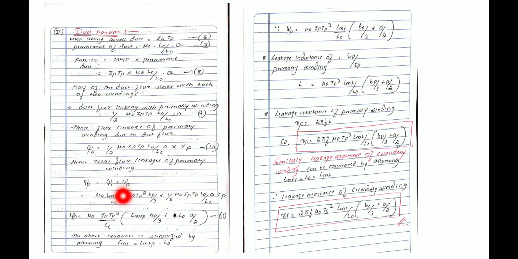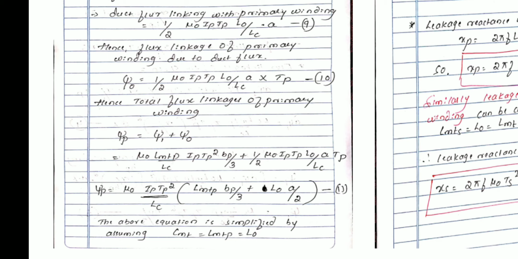From equation 5, I have substituted the flux linkage on the primary side. Then psi naught is the flux linkage in the primary winding due to the duct flux: 1/2 mu naught IpTp L naught divided by LC into A into Tp. The combination of these two gives the total flux linkages of the primary winding, psi p.